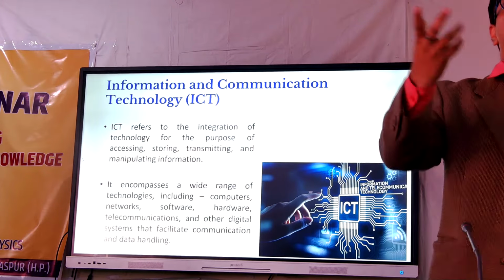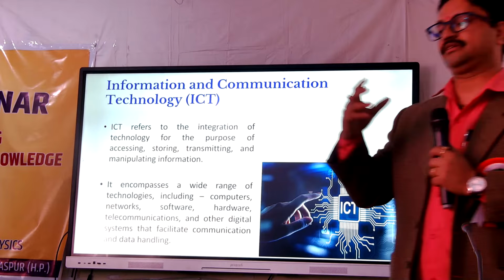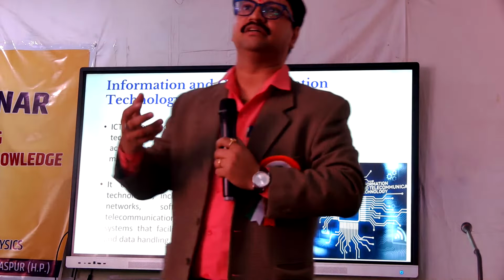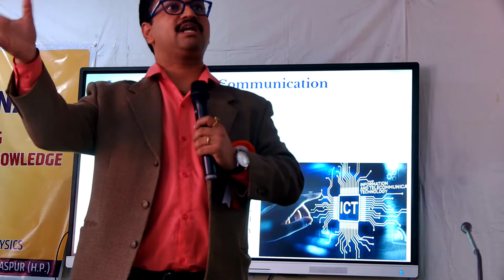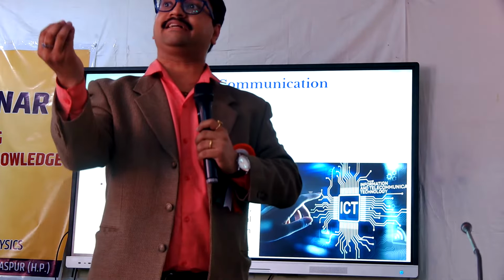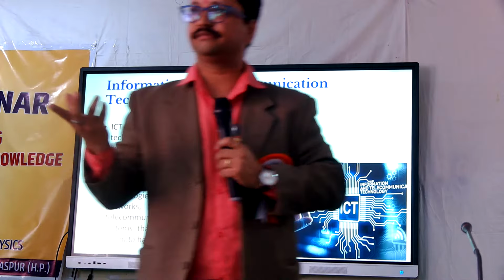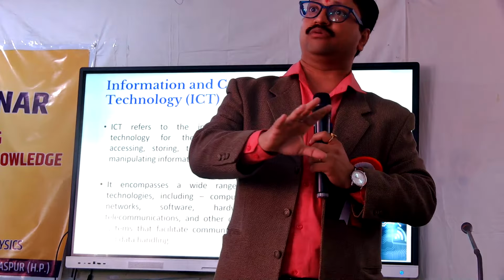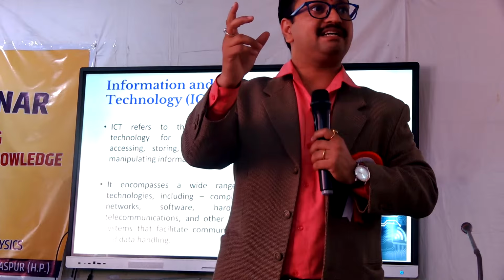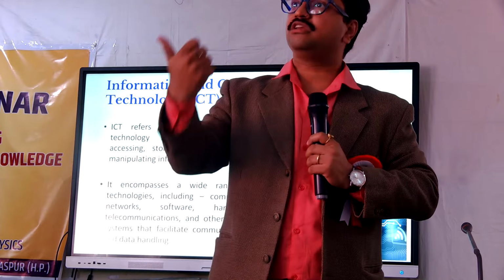If I want to go to some famous points in Bilaspur or famous points in Mandi or Shimla, Google has already compiled the data into certain pieces of information. So the initial data might be raw information.